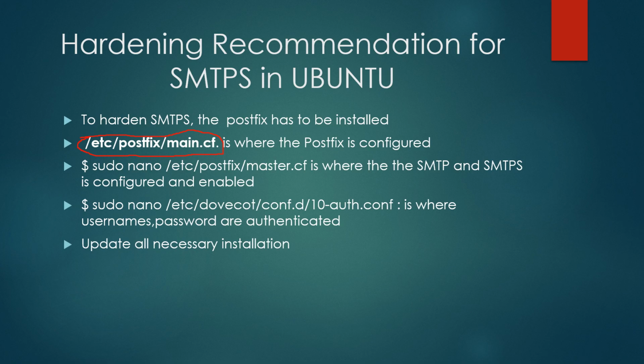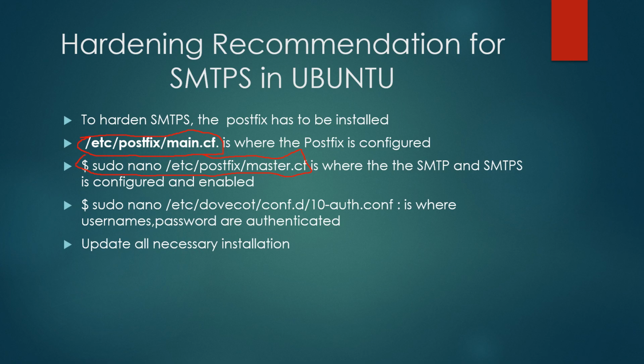This is where postfix is actually being configured. Then to change the SMTP, the POP and everything, you are going to do it here. This is where you actually enable them so that you can add more security to it.